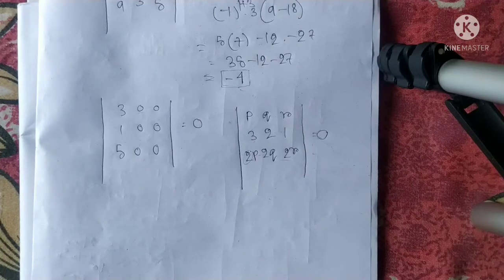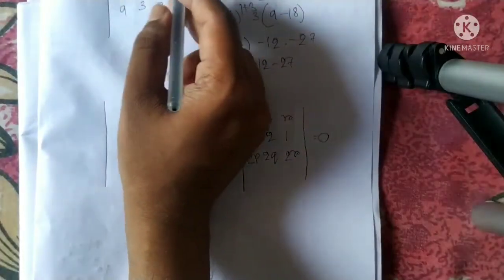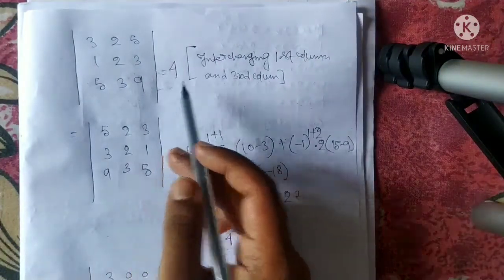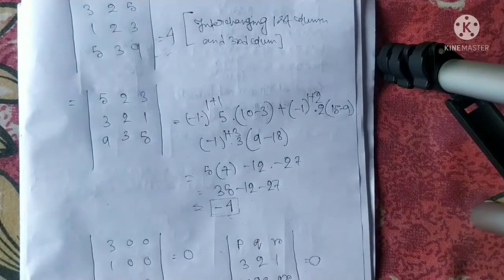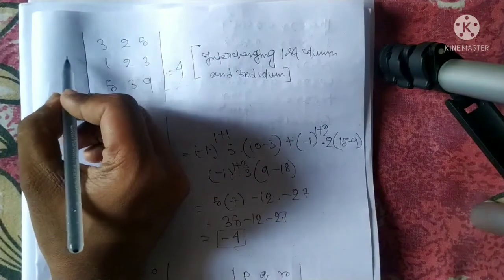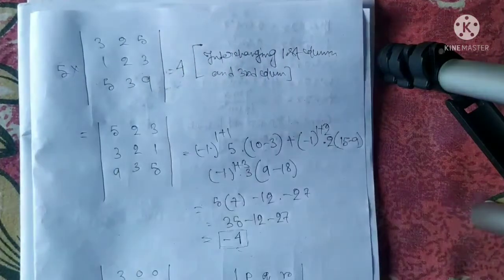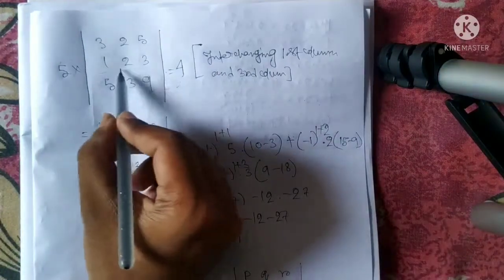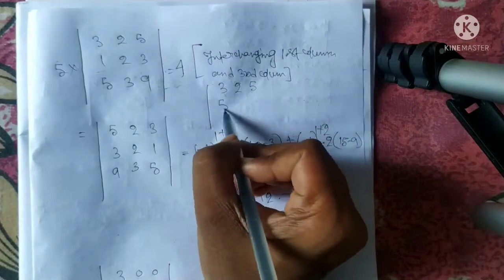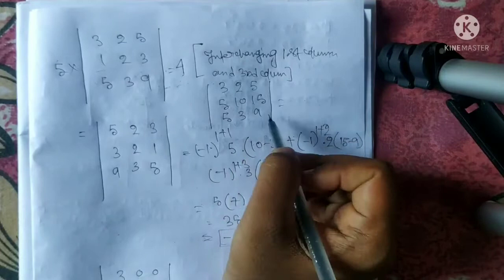Okay, so let us take the first example. We have taken this determinant, whose value is 4. I am not writing it again. If we multiply this determinant by 5, but we are multiplying only the second row elements, what will it become? 3 2 5, 5 10 15, 5 3 9.